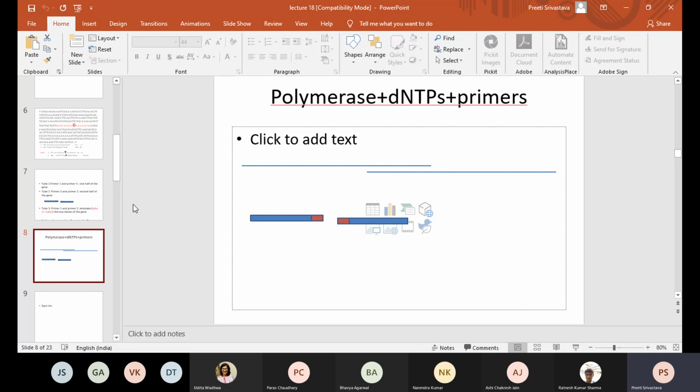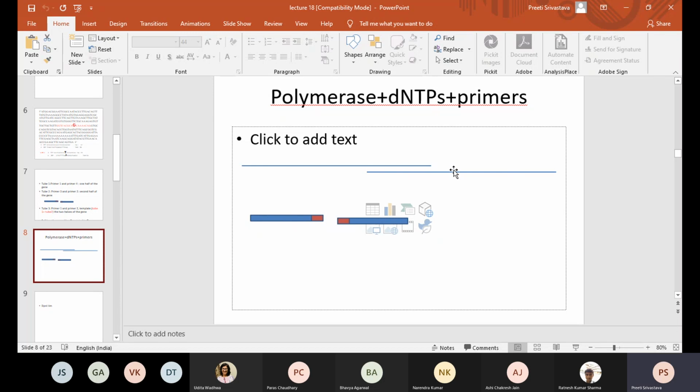Now the point is, class, when we use primer 1 and primer 2, we cannot get enrichment of these halves. We can get only the full length fragment, and that is possible only when we have the extension of this overlap.